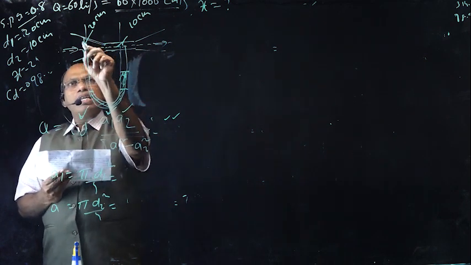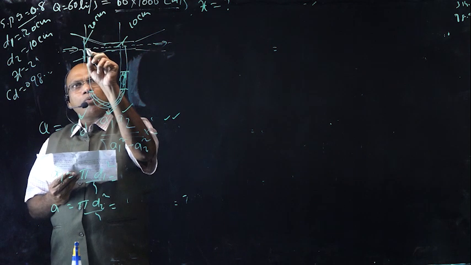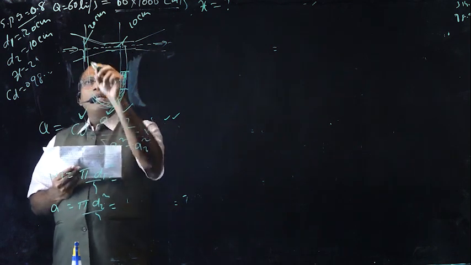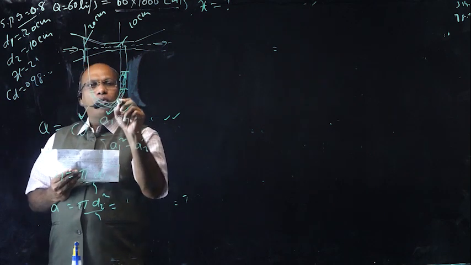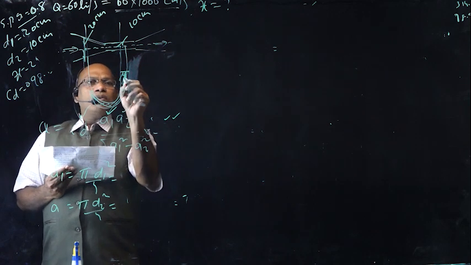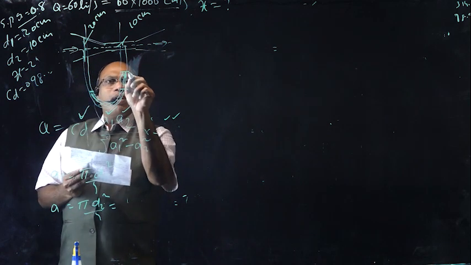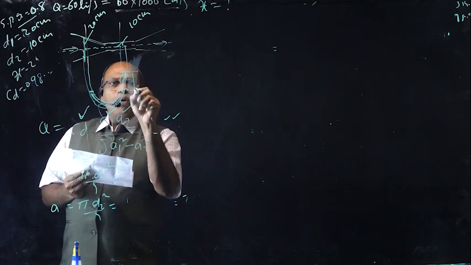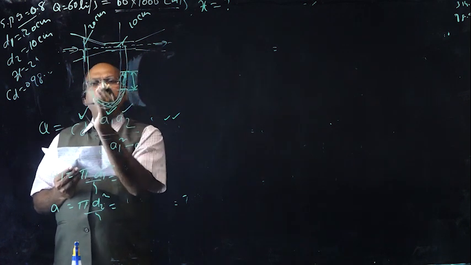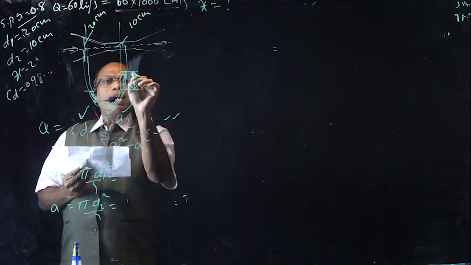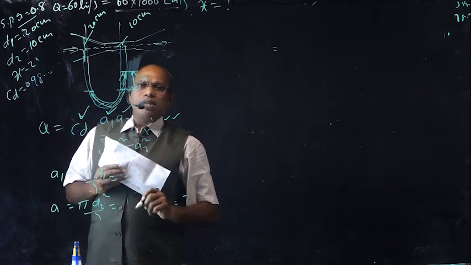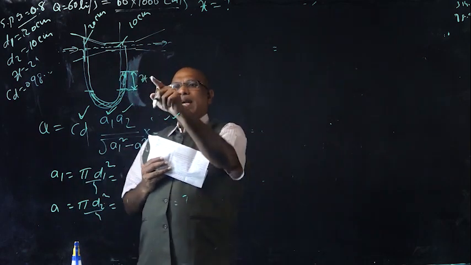Automatically, pressure head is more here as compared with the throat, so the heavy liquid moves towards the right side. As per this given data, we are going to determine the level difference between the left side and right side, or the manometer reading. This is equal to X. Now we are going to determine the X.